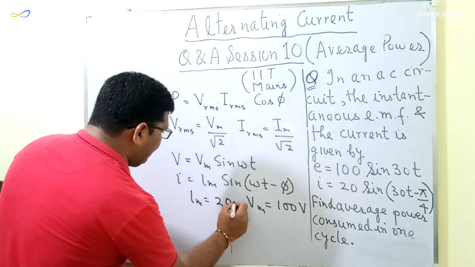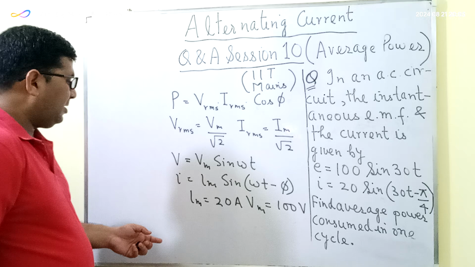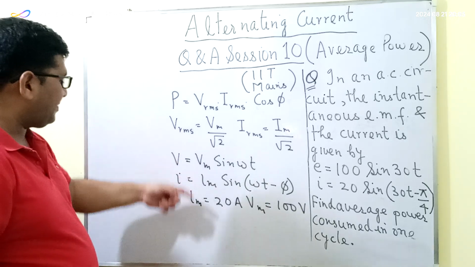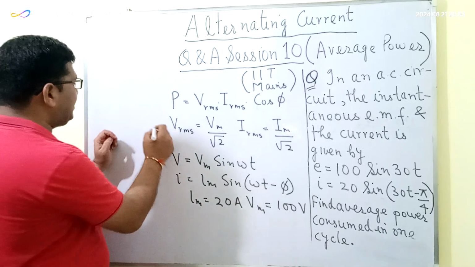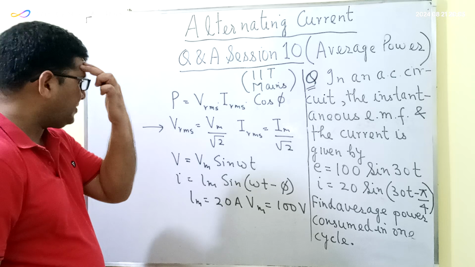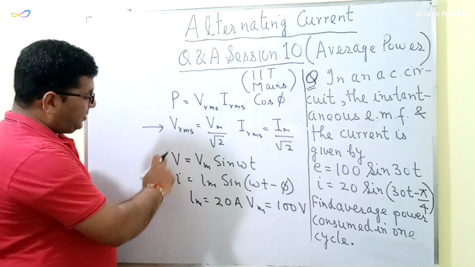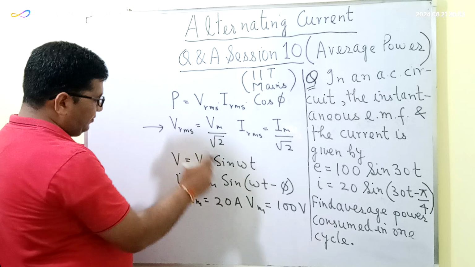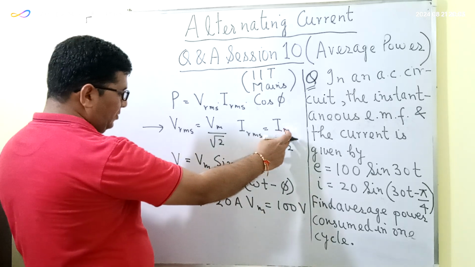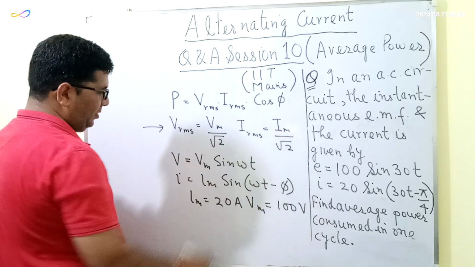So I will be substituting these values in the equations for Vrms and Irms: Im will be equal to 20 and Vm will be equal to 100.